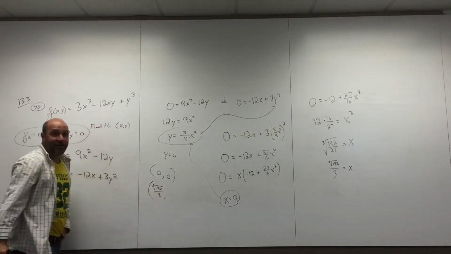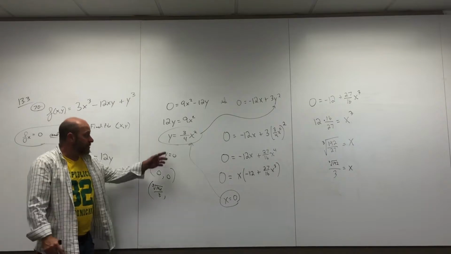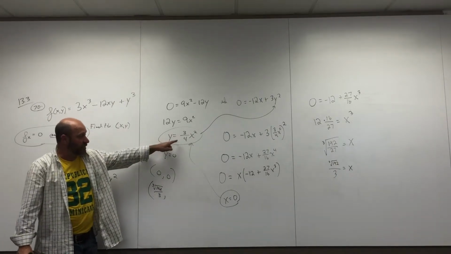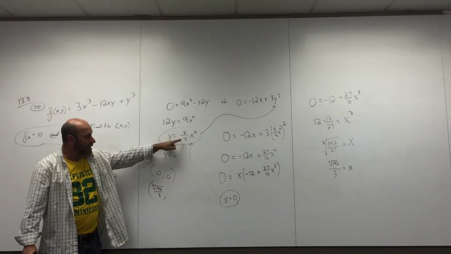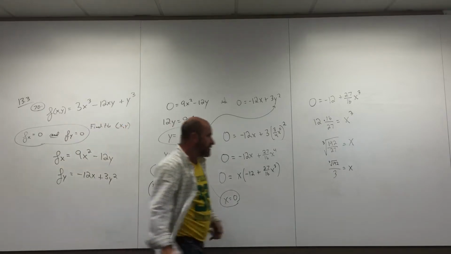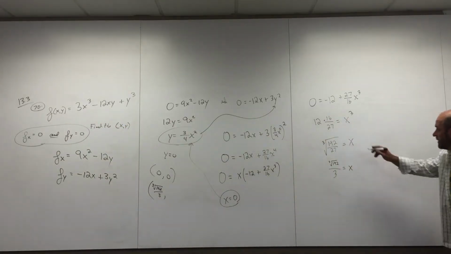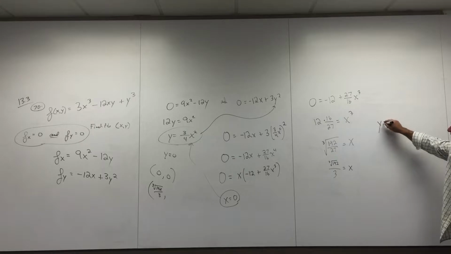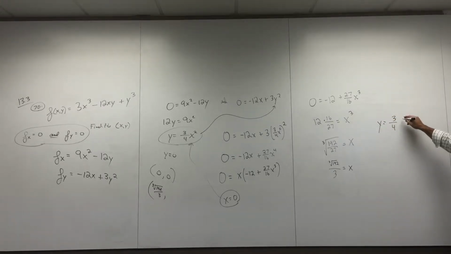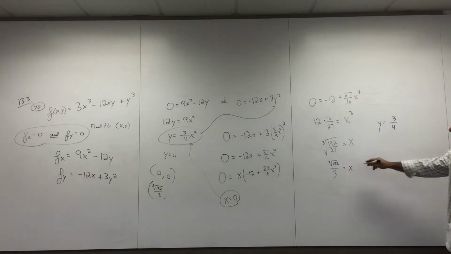How do I get the y value? You're right. Plug it back in here. I got this relationship. Is that just 192 over 9 now? Well, I don't know. Let me think here. It's 3/4, and then it's the cube root of 192 over 3 squared.